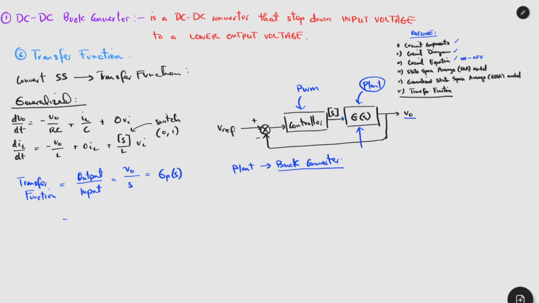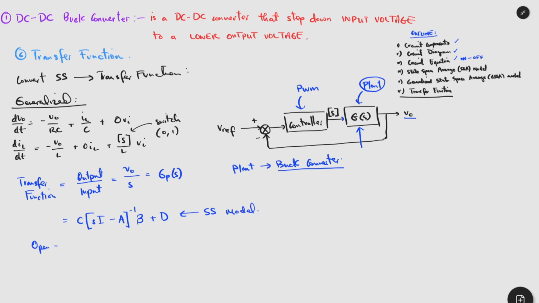And we can say that the equation now becomes C(sI minus A) inverse B plus the D, and all this equation can be derived from our state space model.